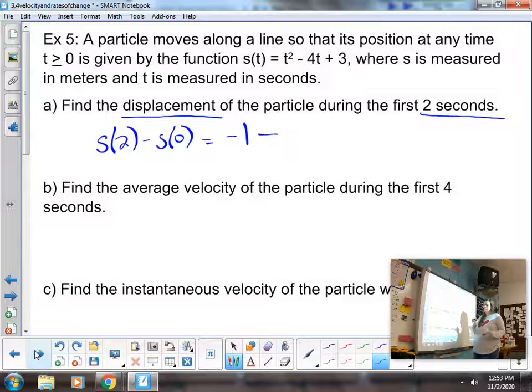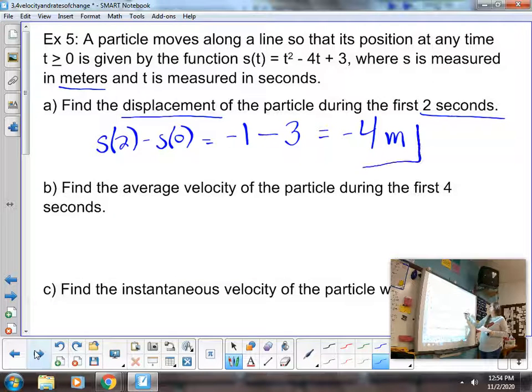You start at s of 0, which is 3. 0 squared minus 4 times 0 plus 3 is going to be 3. So your displacement is going to be negative 4, and it says measured in meters, so it'd be negative 4 meters. So there's a 4 meter difference from where I begin to where I end.